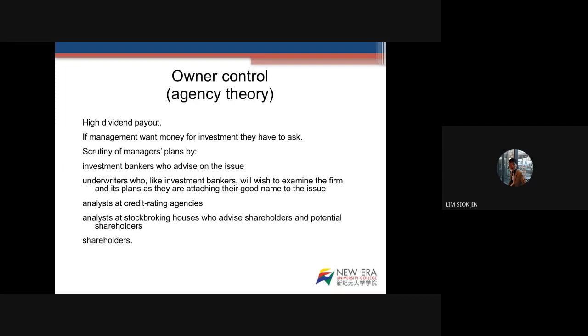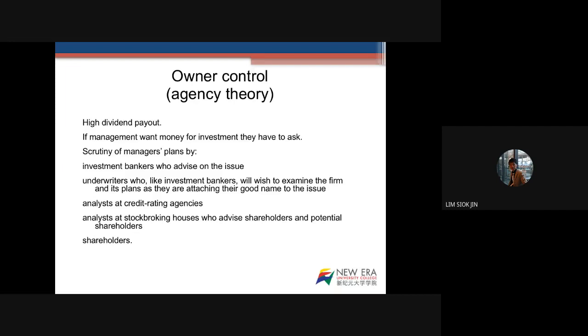The company must make high income, high profit. So it constantly pushes the manager to make high profit. And that way, if the manager cannot make high profit, the owner gets a reason to sack him. Okay, so owners can get better control if they request for a high dividend.